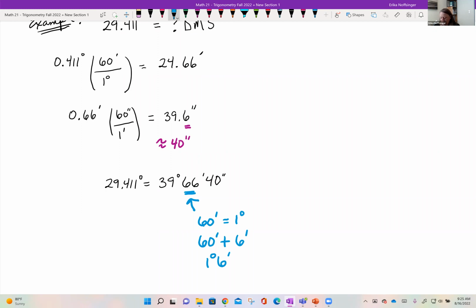If we take our 1 degree and add it to our 29 degrees, that gives us 30 degrees, 6 minutes, and 40 seconds.